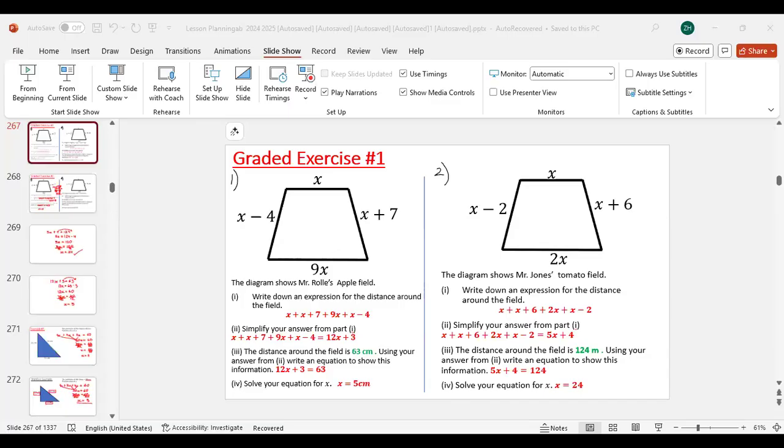Again, put started inside the chat for me once you've started this quiz.